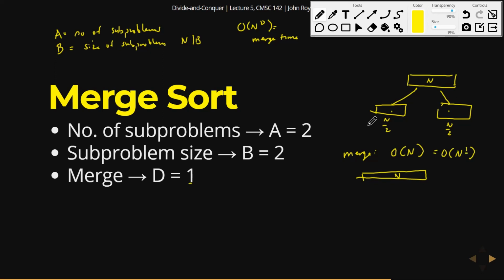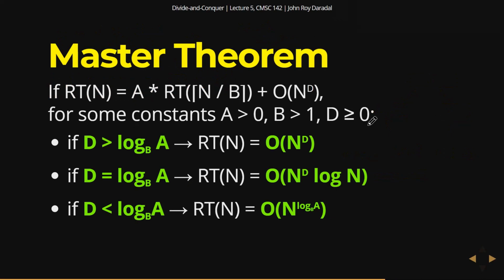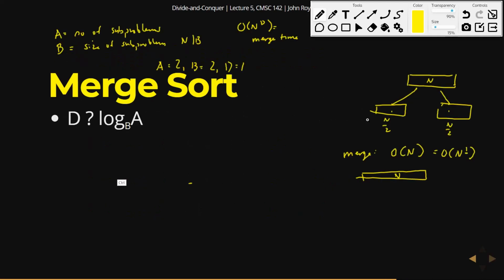Okay? So for merge sort, we have a is equal to 2, b is equal to 2, and d is equal to 1. So if we put that together, what is the relationship of d and log of a base b? Because if you remember, those are our inequalities, right?